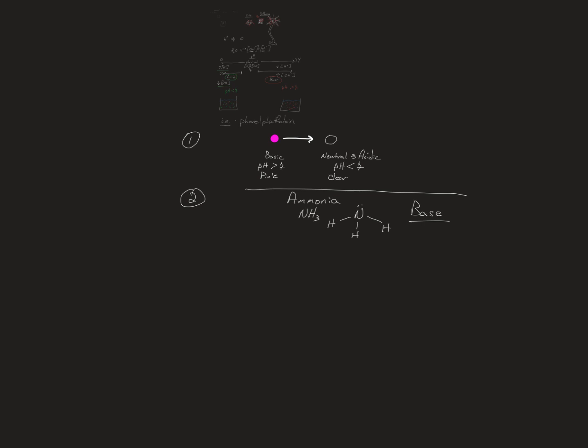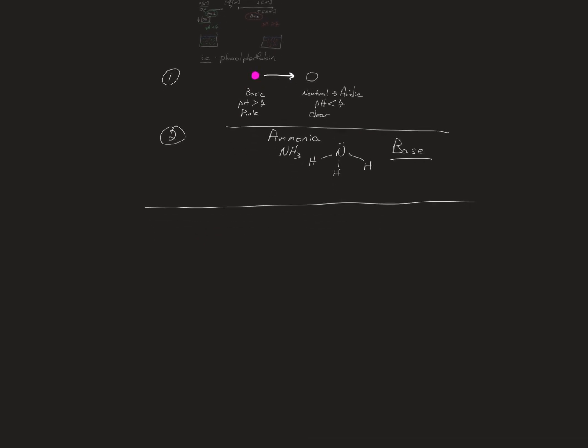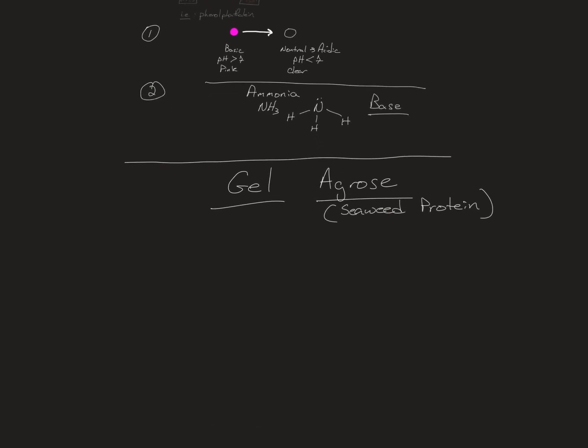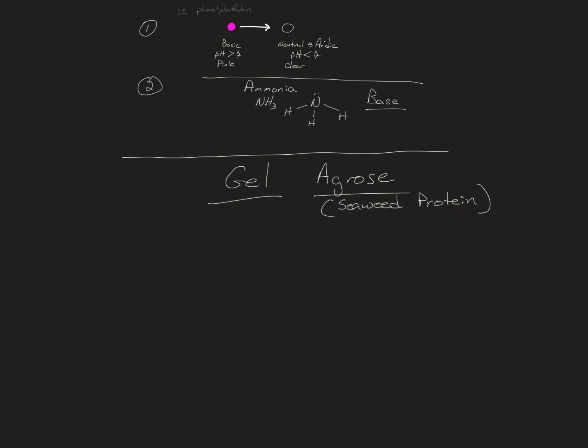So what we can do, and what I did, was I made a gel out of agarose, and agarose is a seaweed protein. It acts a lot like Jello gelatin, and I made this.